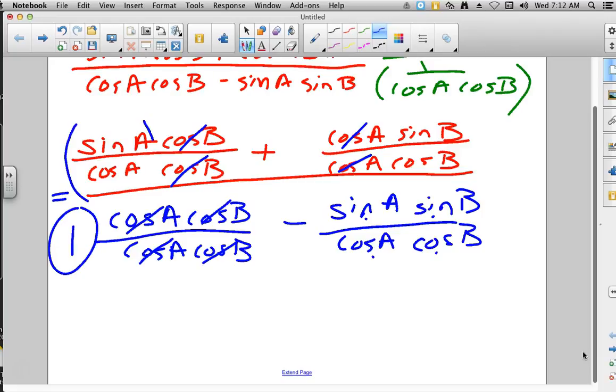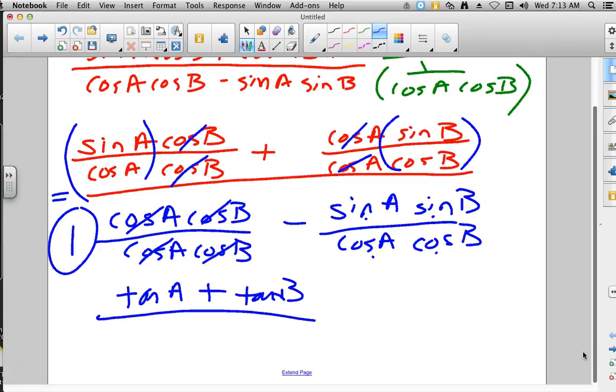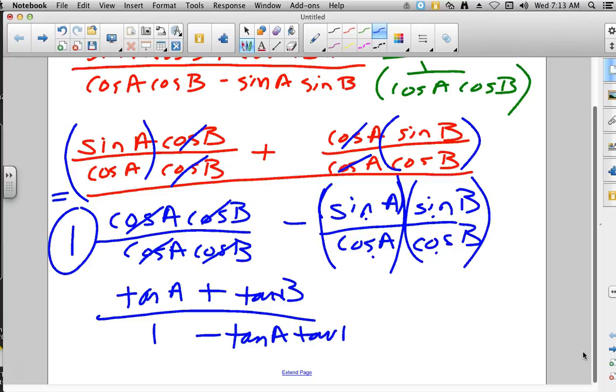So on the top, there is tangent of A plus tangent of B over, we have a 1, minus tangent of A, tangent of B. And there it is.